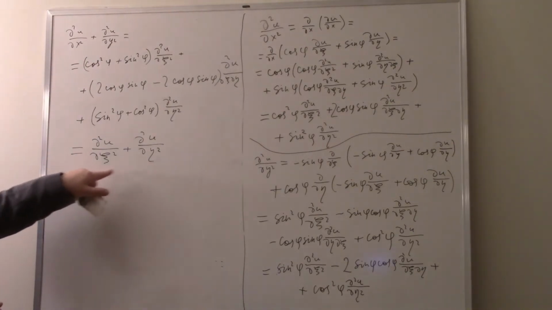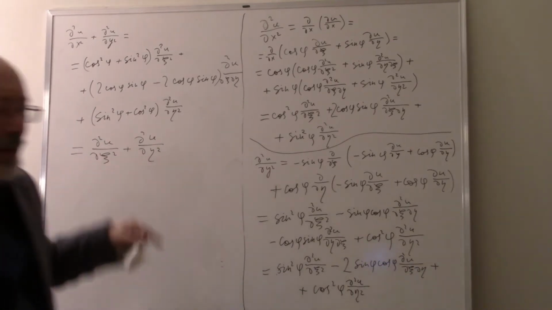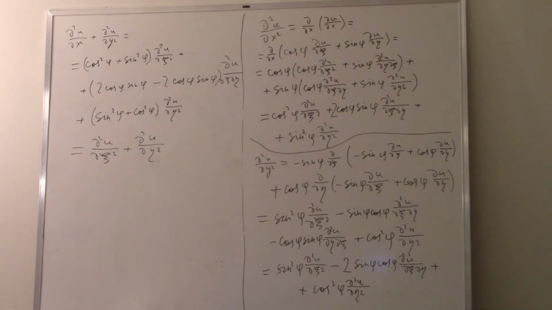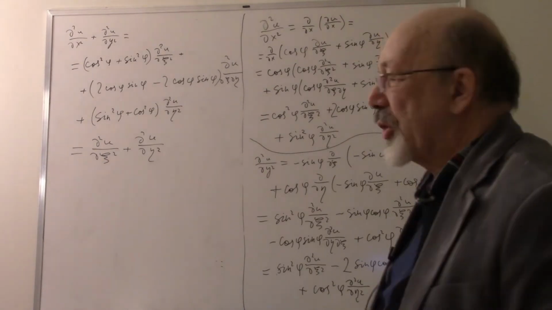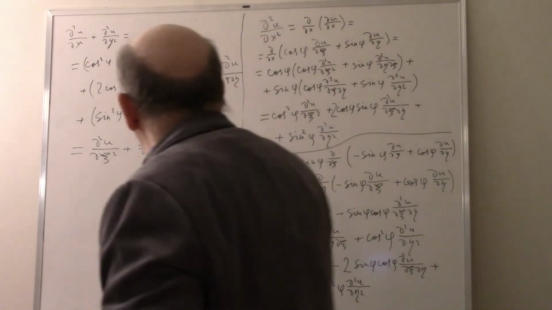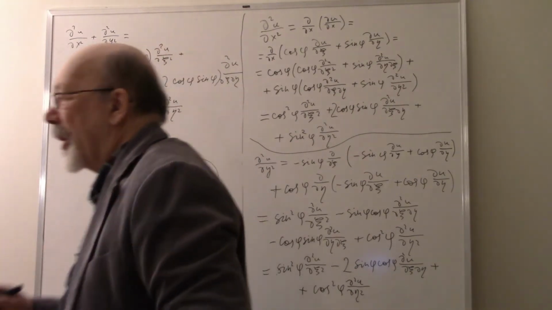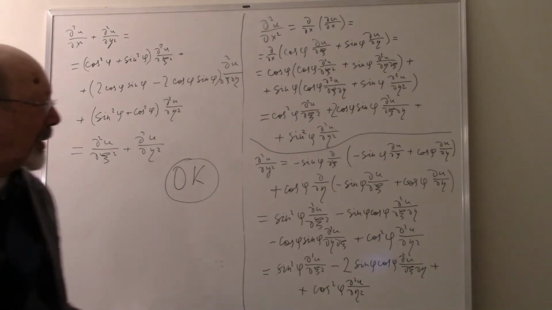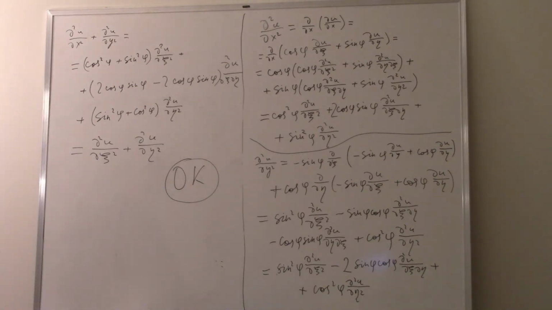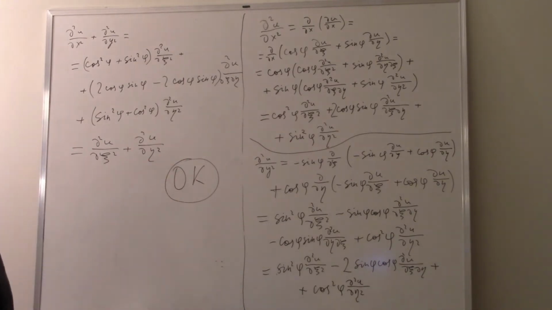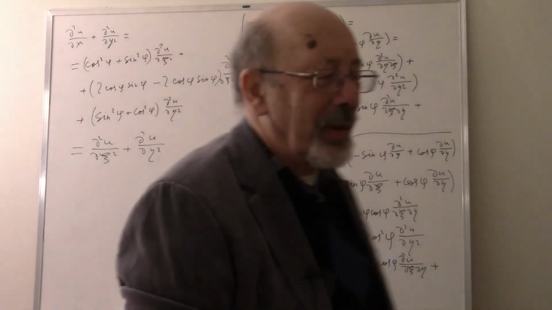It is in new coordinates xi eta, and you see that they are equal after this transformation of coordinates. So the theorem is proved. When I prove a theorem and finish the proof, I write this symbol, OK, so everything is OK.